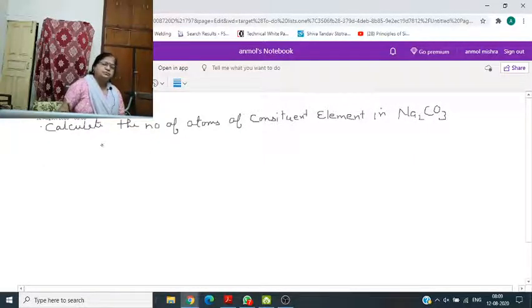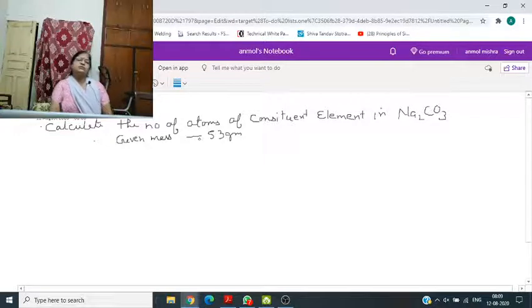Again, in one formula unit, in 53 grams, the given mass is 53 grams. We have to calculate in 53 grams how many atoms of sodium, carbon, oxygen are present.